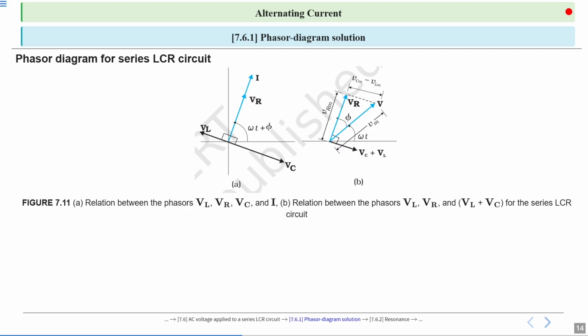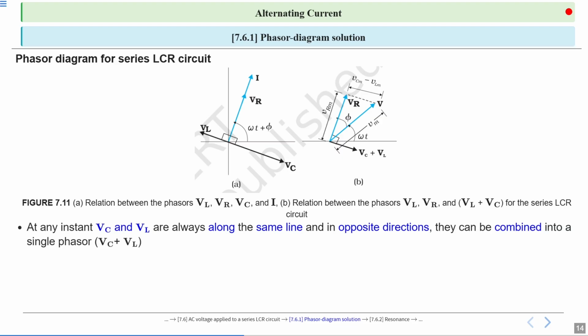If VC is greater than VL, then it will be in this direction, as shown in part B of diagram 7.11. If VL is greater than VC, then VC plus VL will be in the opposite direction to that shown in part B.